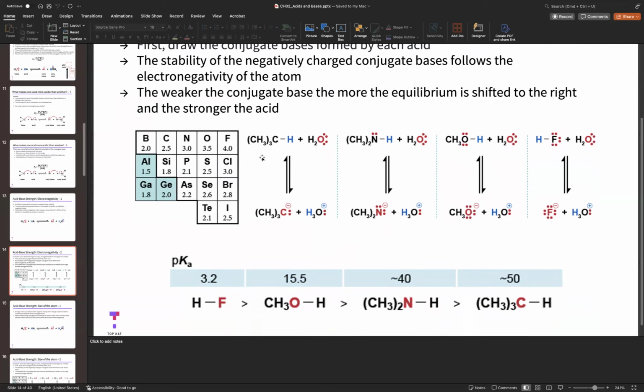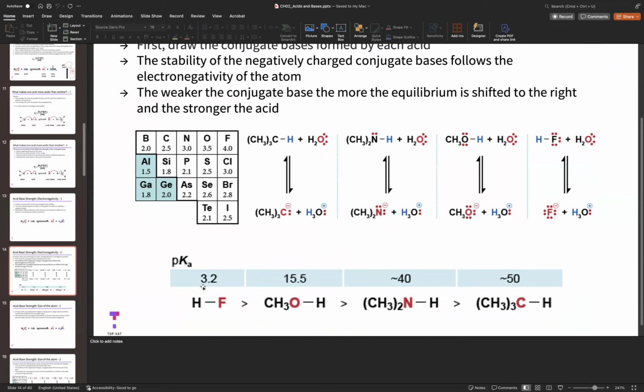And finally, this compound, which has a common name of tertiary butane, or T-butane sometimes, has a pKa of 50. We'll learn how to name it.